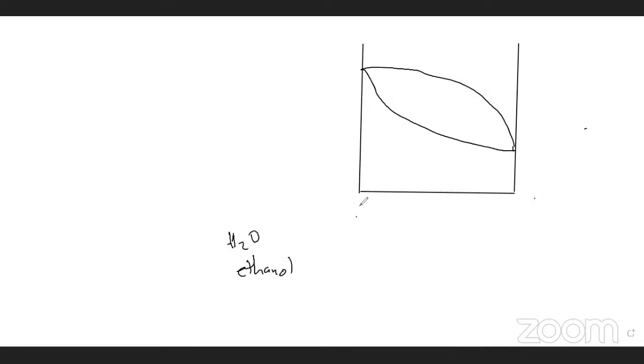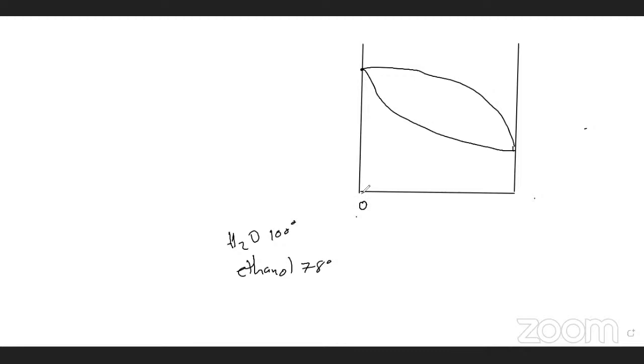If they give you a graph already, or you don't get a graph and you have to draw it, once you draw it like this, this point here is for water. Water boils at 100, ethanol boils at 78. So the higher boiling liquid is what you're starting with.